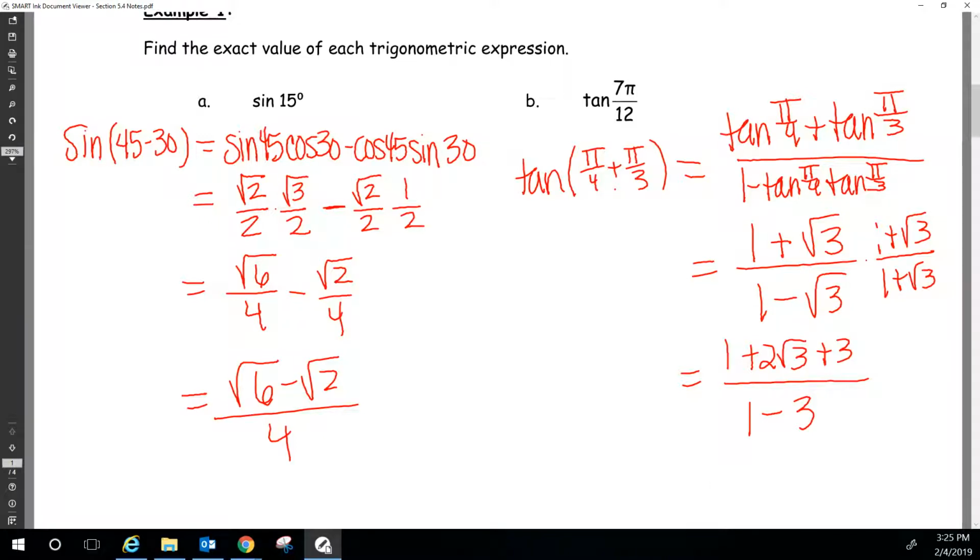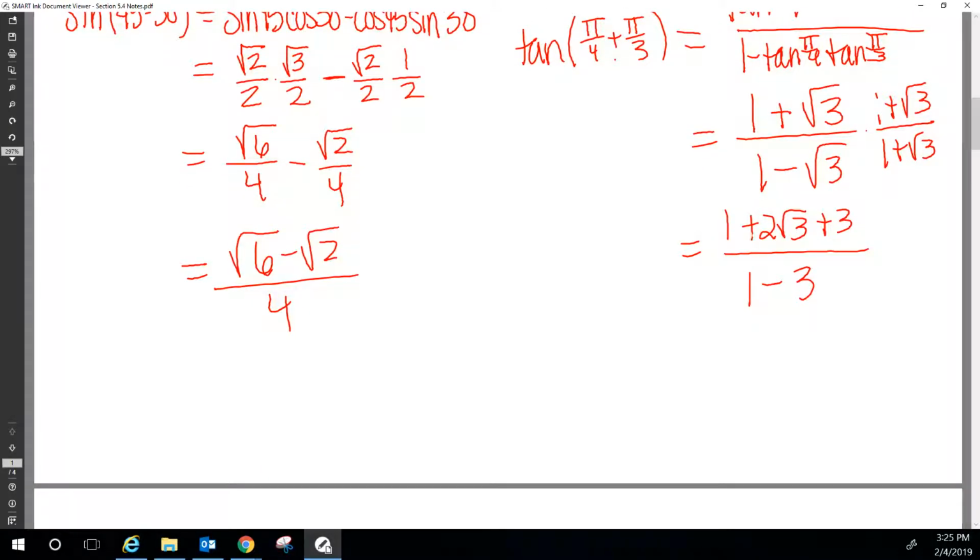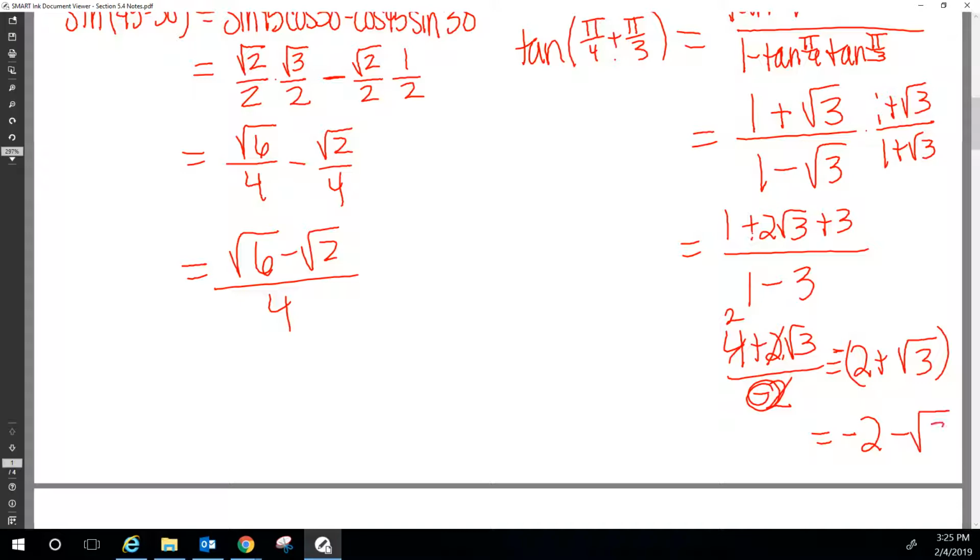And then we get 3 plus 1 on top is 4 plus 2 square root of 3. 1 minus this 3 is negative 2. And now 2 is in all three of these terms, so I can cancel them out. 2 goes into 4 2 times, into 2 1 time. Don't forget, you got that negative still down there. And so this finally would boil down to negative 2 minus square root of 3.